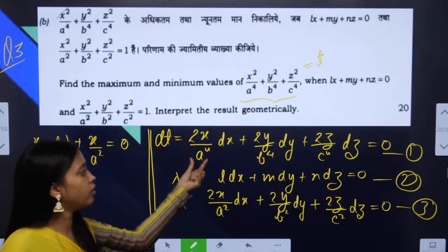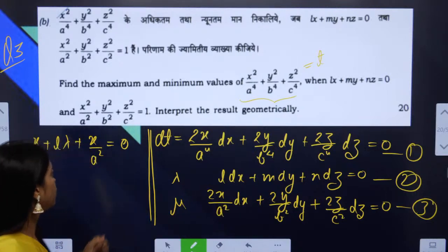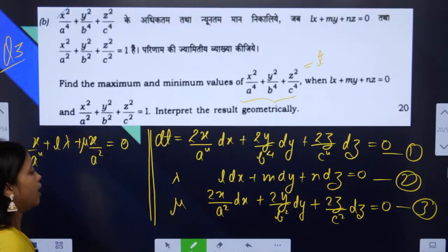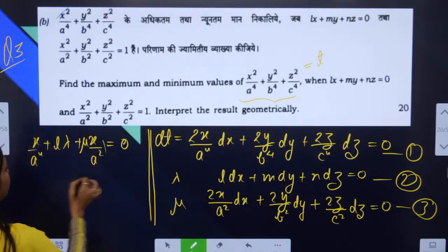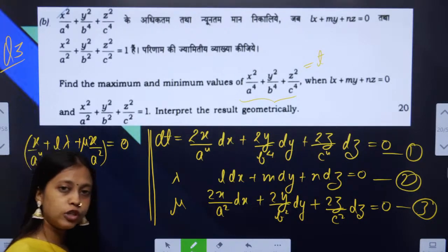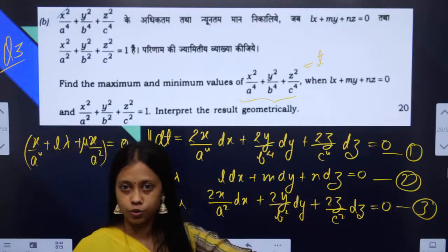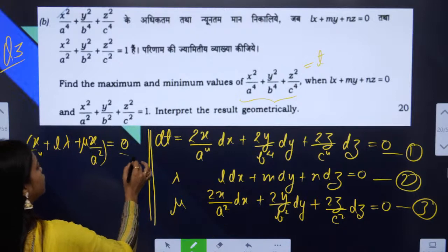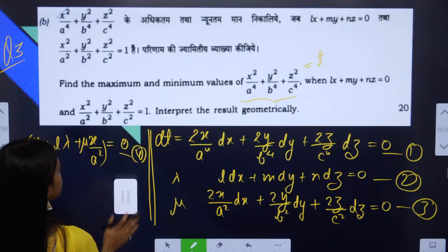Do the same by equating the coefficient of dy to 0 and the coefficient of dz equal to 0. Again you will get equations 4, 5 and 6.